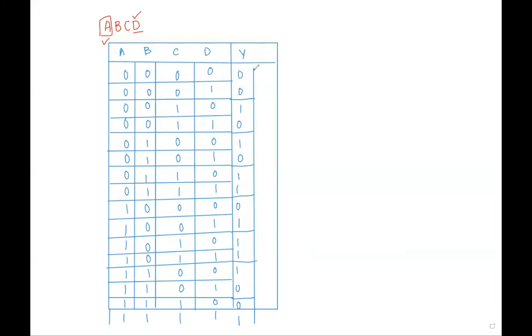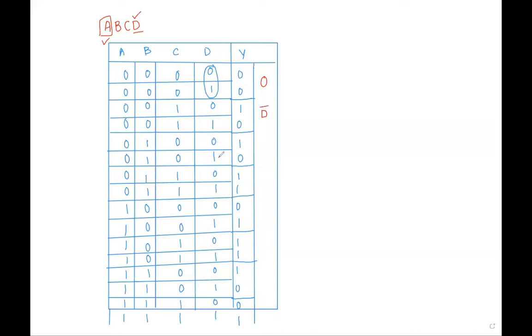Now have a look at what you are going to do. When D is changing from 0 to 1, the output is changing from 0 to 0. What does it signify? It signifies that your output is not changing, so it will be written as 0. Now here D is changing from 0 to 1, your output is changing from 1 to 0. That means it is D bar.